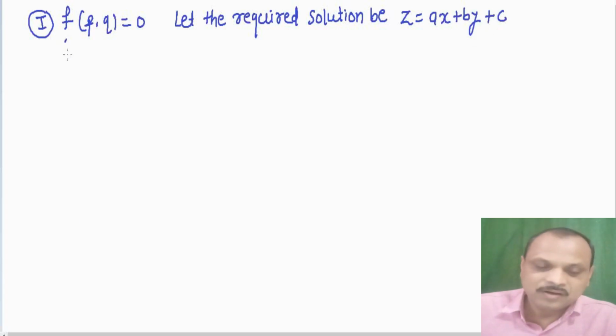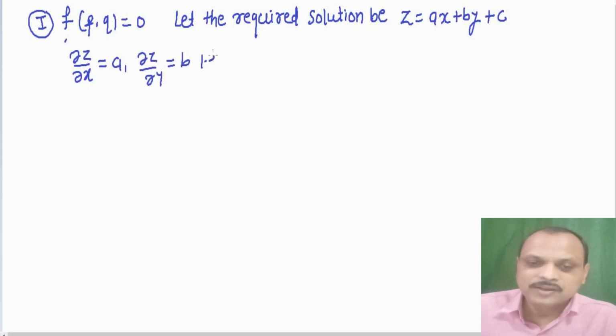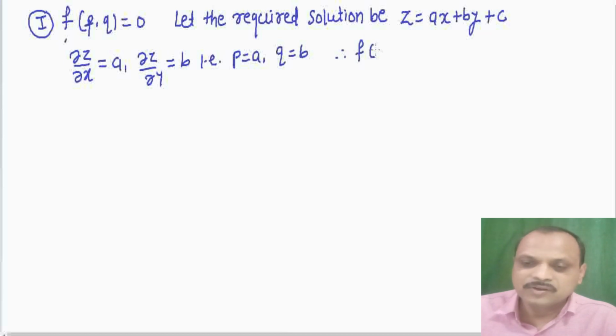Then del z by del x equal to a, del z by del y equal to b, that is p equal to a and q equal to b, and therefore we have f of a comma b equal to 0.